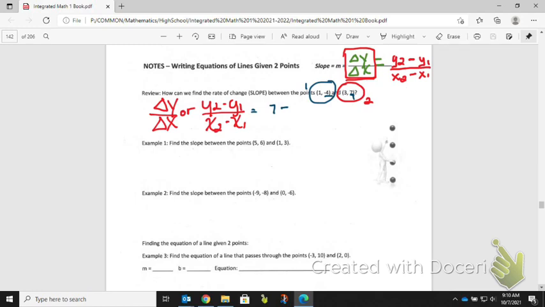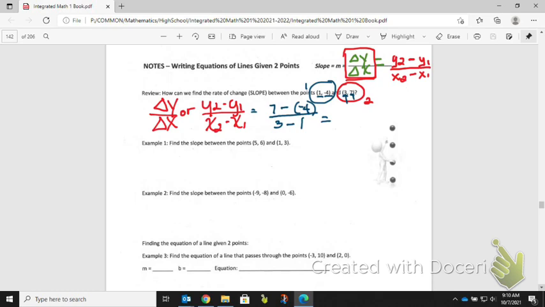So 7 minus, and just to keep everything kind of straightened out, I'm going to put that -4 in parentheses. And that's all divided by the x coordinate of point 2, which is 3, minus my x coordinate of point 1, which is 1.